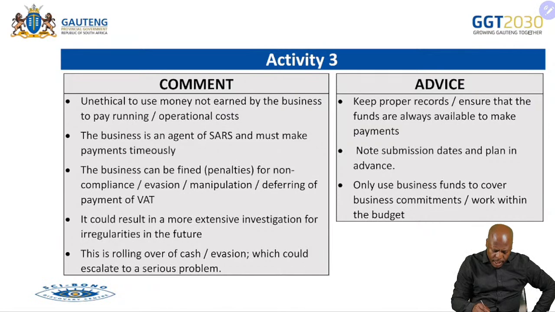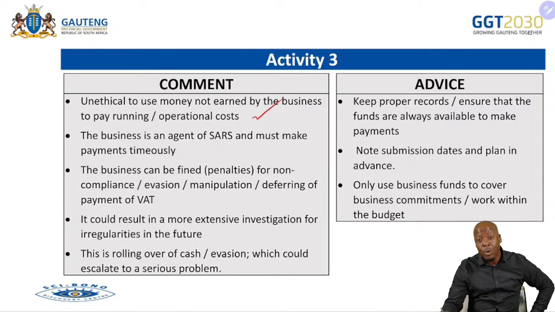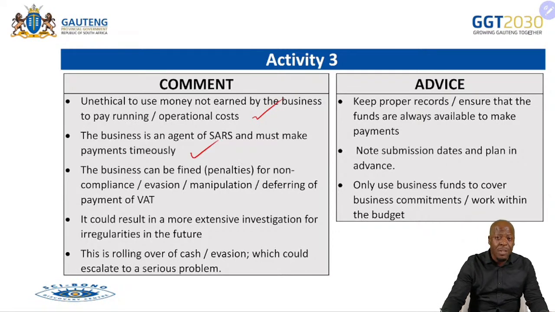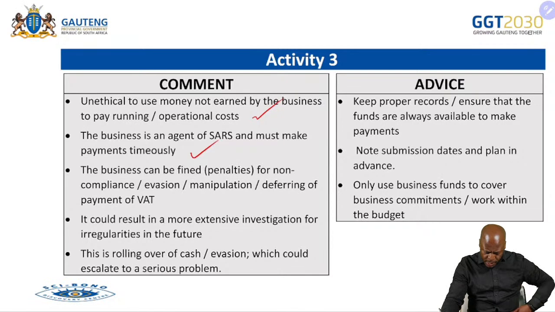This is unethical, to use money that is not earned by the business, especially the money that is collected on behalf of SARS. The business is an agent of SARS and must make payments timeously. Remember, we are not collecting the VAT for ourselves. We are collecting it on behalf of SARS. We're an agent of SARS the moment you become a VAT vendor.